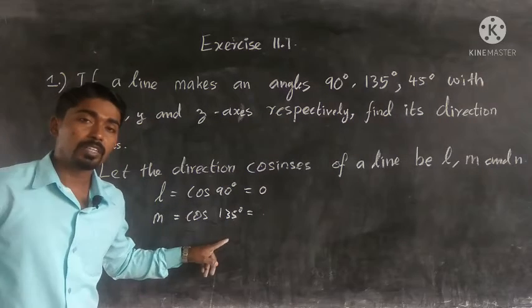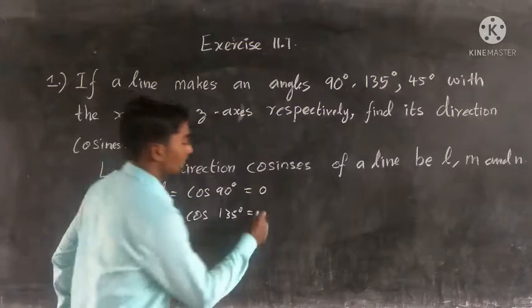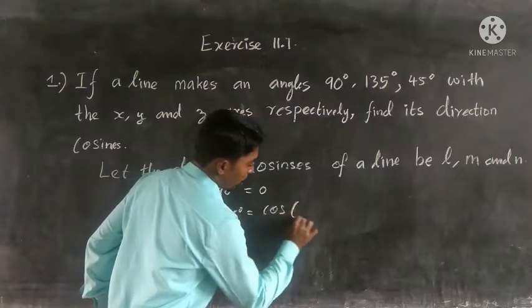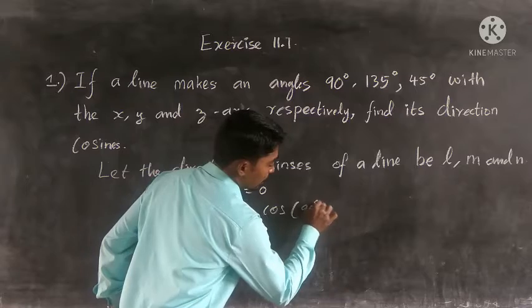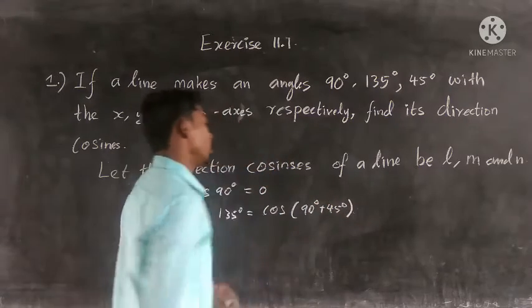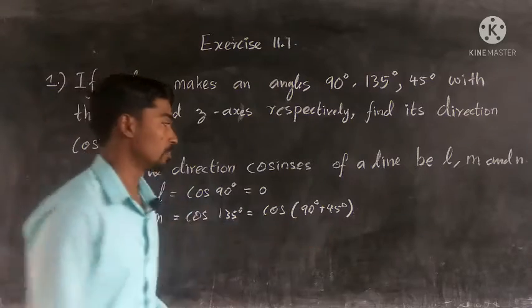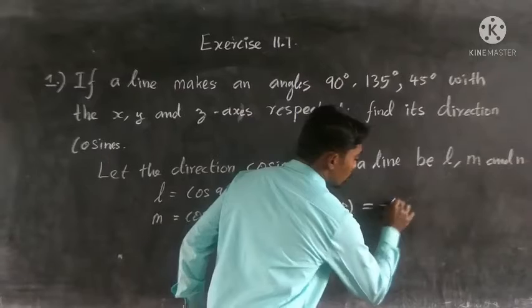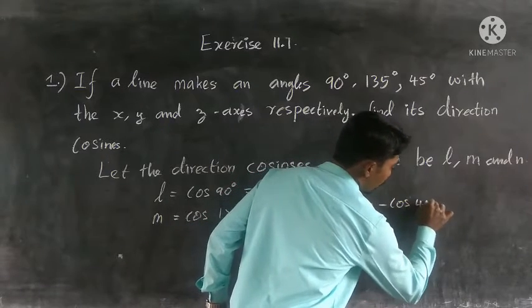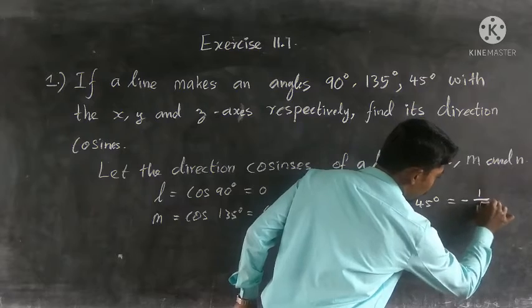Cos 135 we can split into 90 plus 45 degree, cos of 90 degree plus 45 degree. Cos of 90 degree plus 45 degree is minus cos 45 degree, that is minus 1 by root 2.